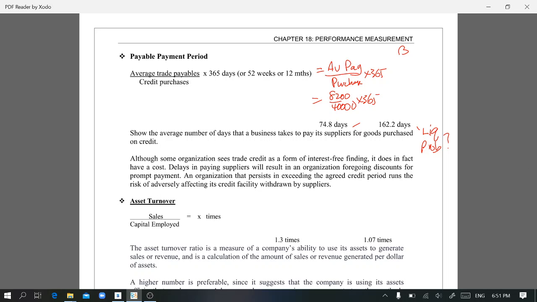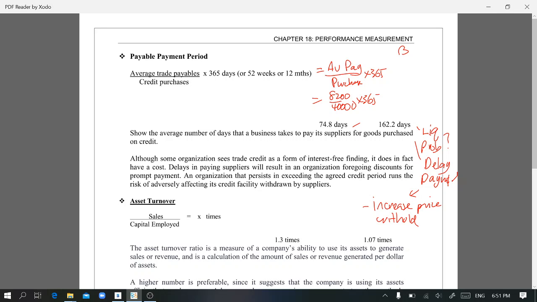Sometimes when you delay payment, keep the cash, the supplier is not happy. When you keep delaying payment, the supplier may increase the price. They may also withhold stock. They are not going to sell to you until you pay. So they may increase price, they may withhold the stock.